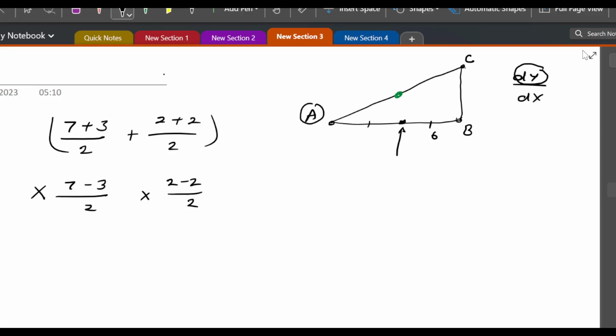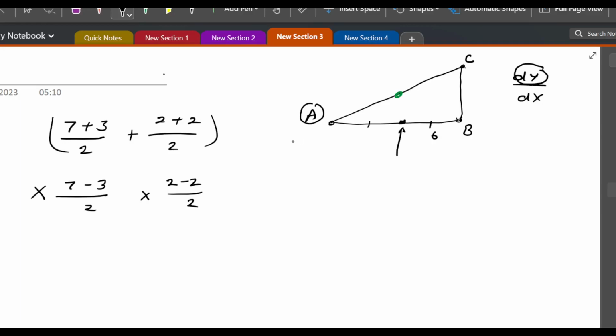When you are in grade 11, you will understand in a much better way what we mean by derivative. For the time being, understand that dy says the difference in y, and dx says the difference in x. So the difference in y for AC is the length of BC.